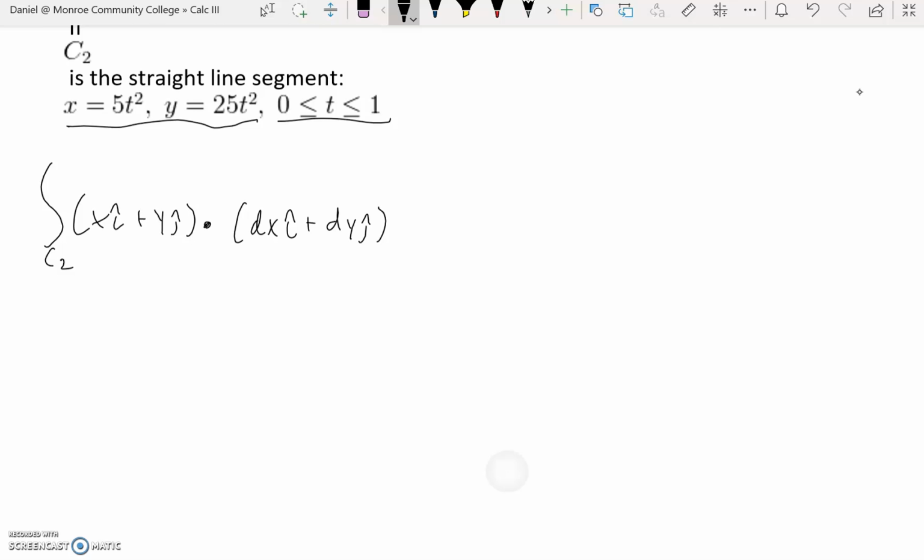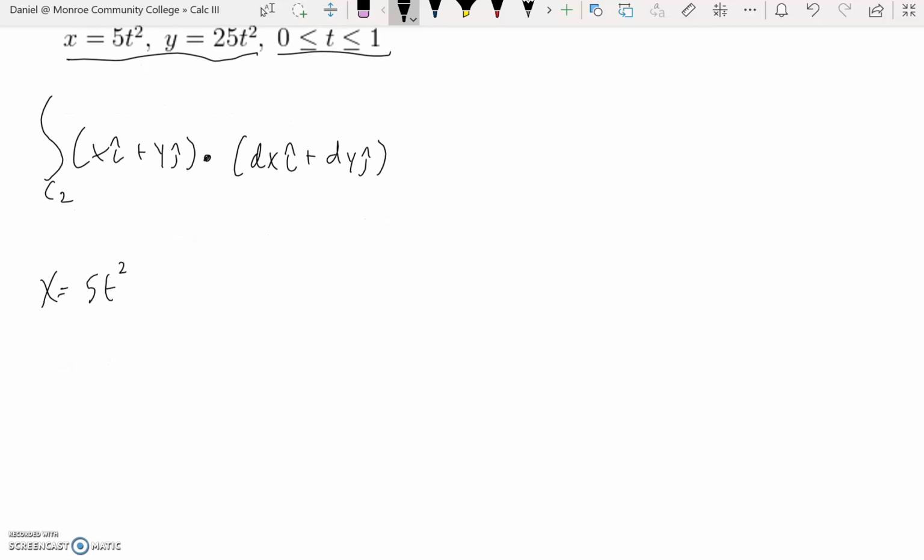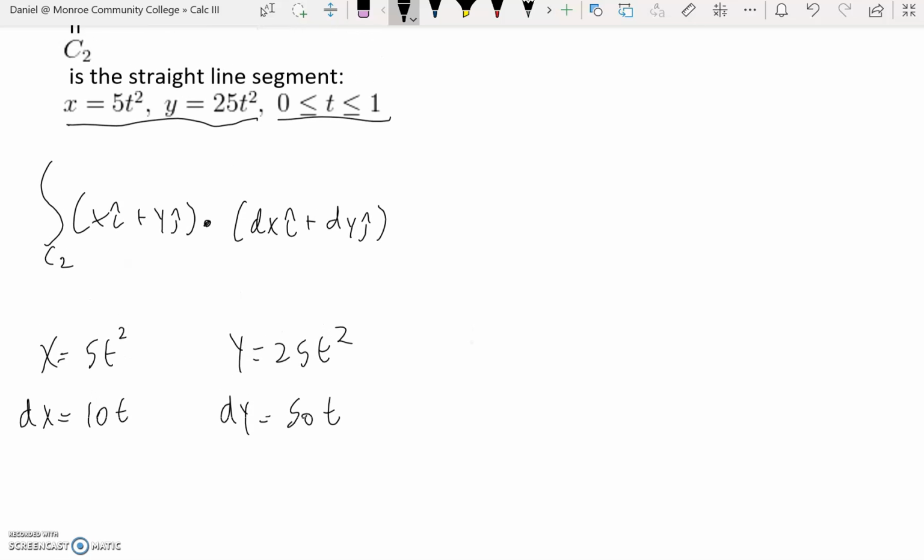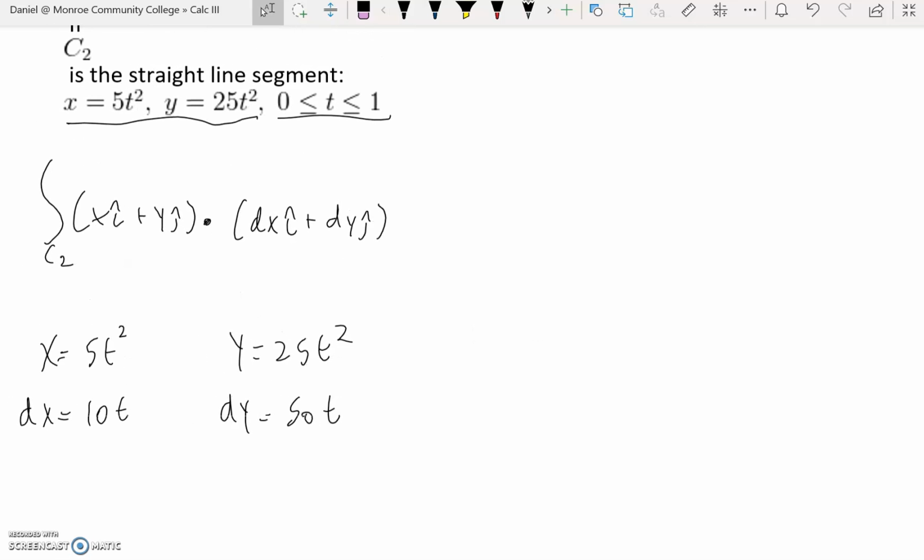We have x equals 5t squared. Take the derivative of that, and we get dx equals 10t. We do the same thing again: y equals 25t squared, so we get dy equals 50t. Now we just plug in the values that we have.